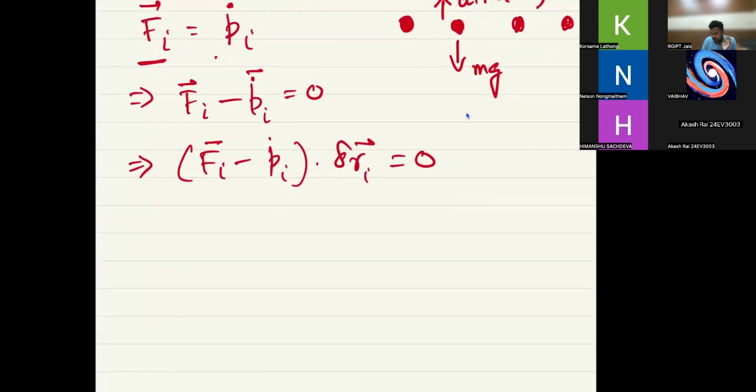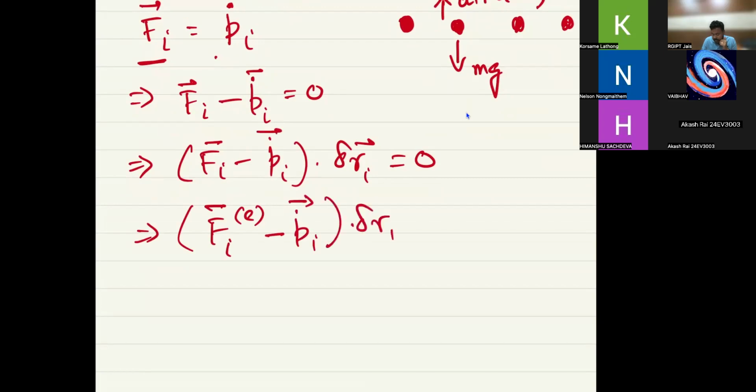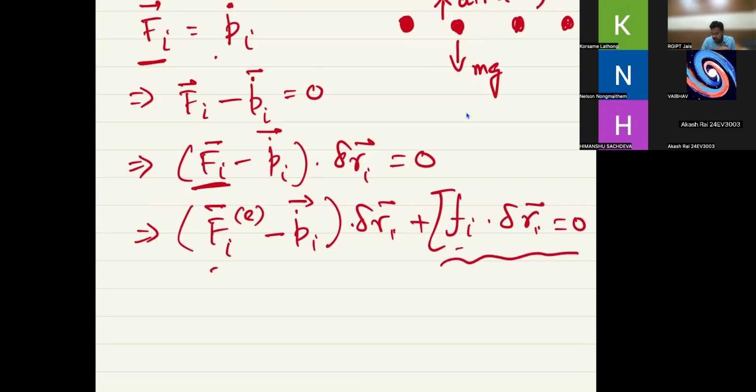Now Fi you can again write in terms of Fi^E, that is the applied force, Pi dot delta Ri, plus there is another term, that is fi dot delta Ri, right? We simply write Fi equal to Fi^E plus small fi, and this term is 0. We told you that this term is 0.